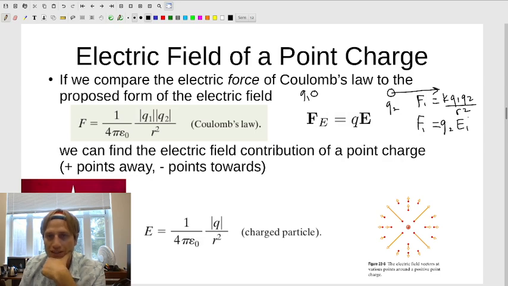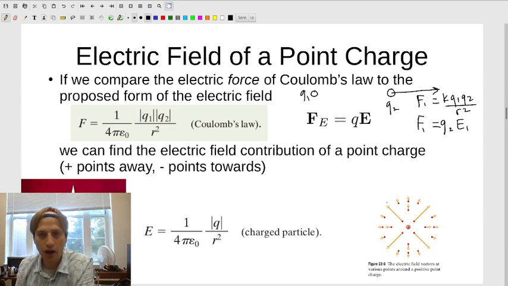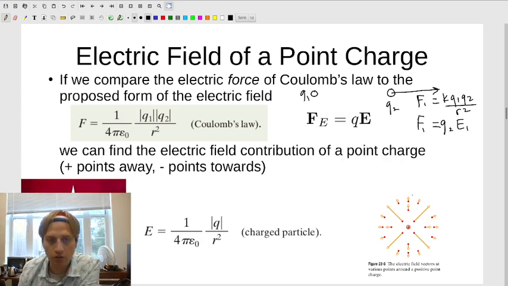Now I'm going to set these two equal to each other and cancel out the Q2s. When you do that, you find E is just KQ over R squared, which gives you the electric field contribution from a charge.